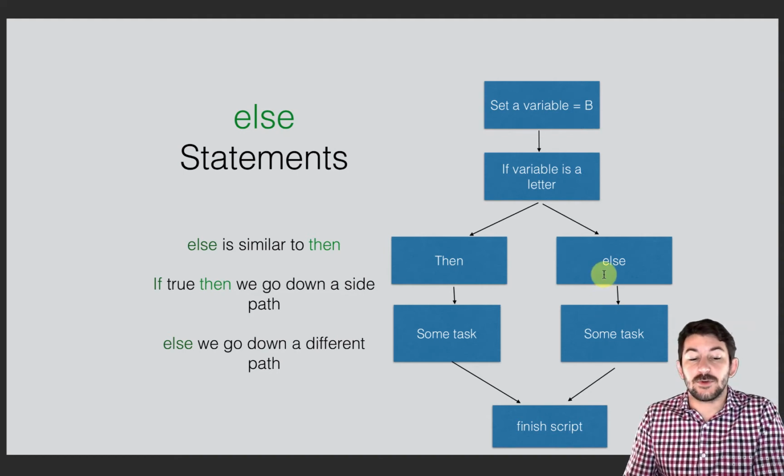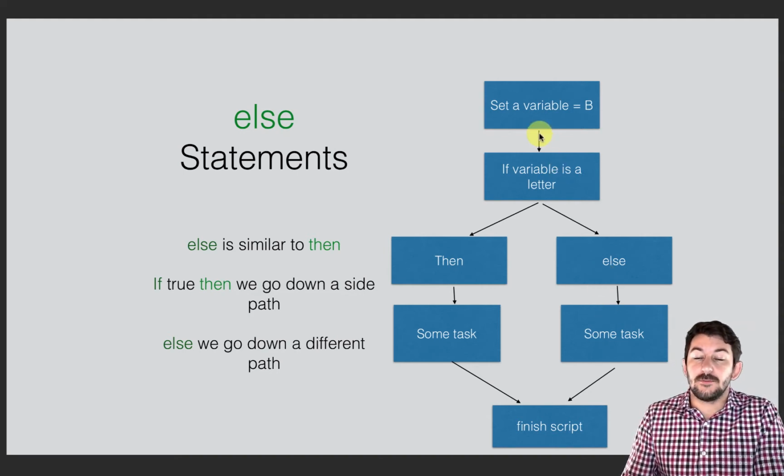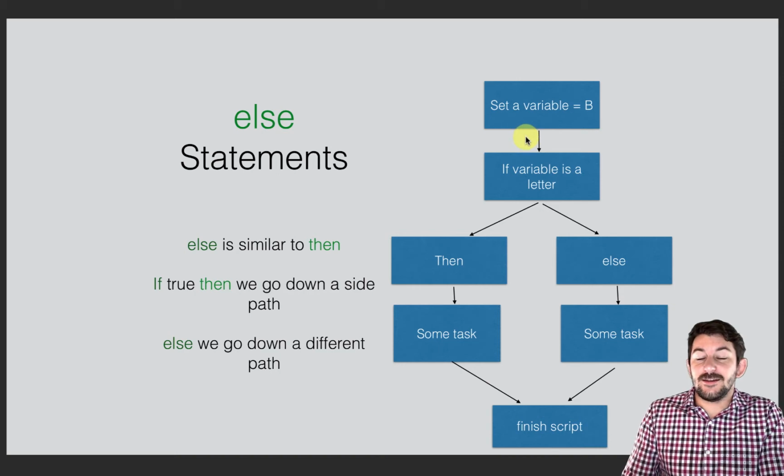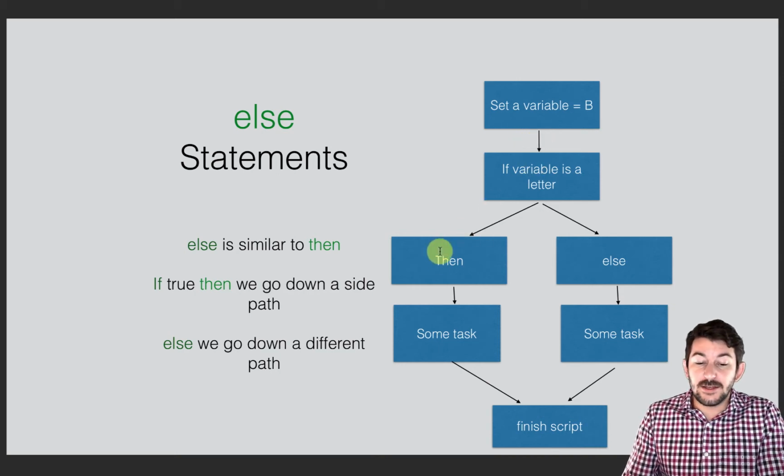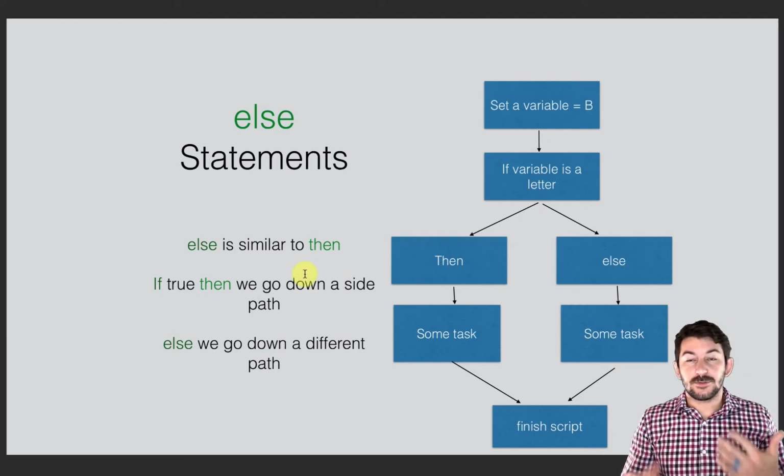And that's designated with the term else. So basically the terminology is if the condition is true, then you go this way. If the condition is false, else you go that way. So if it's true that way, else you go this way. And that's really the basic function of this.